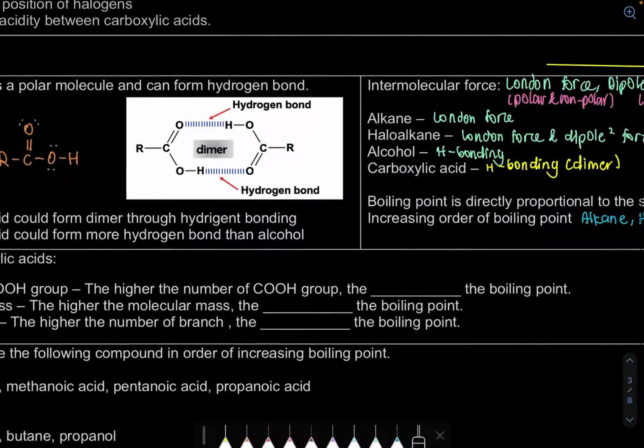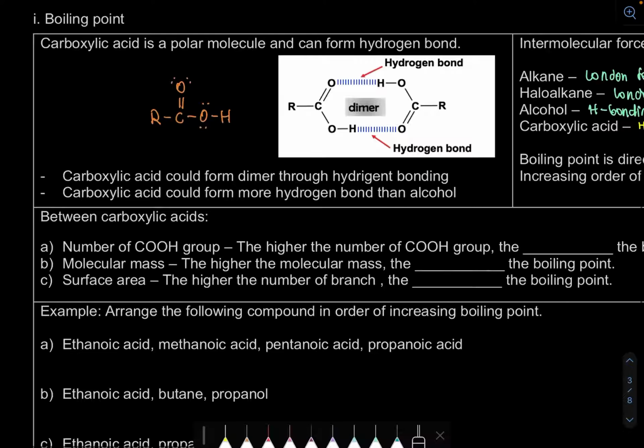Okay, so that is how we compare the boiling point between different classes of compound. How about when we compare between carboxylic acids themselves? For a given molecule, first thing first, the most prominent factor is the number of COOH groups. The higher the number of carboxyl groups, what would happen?